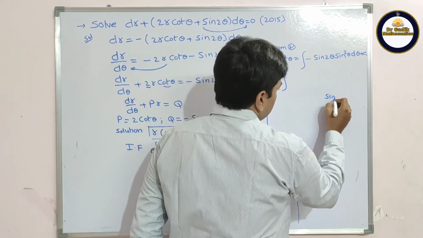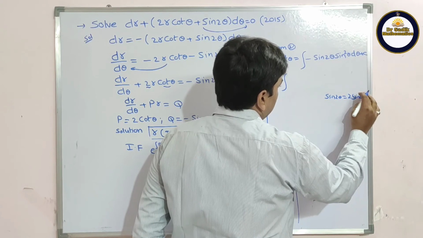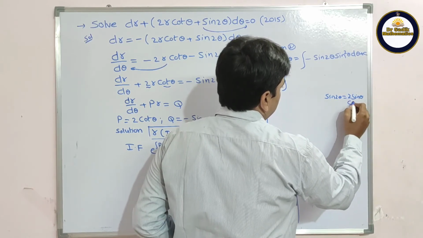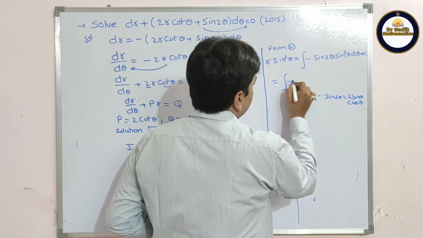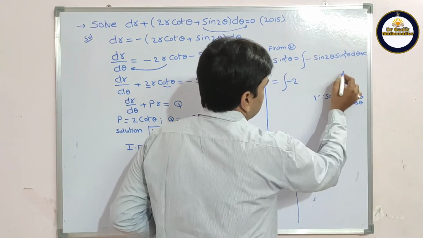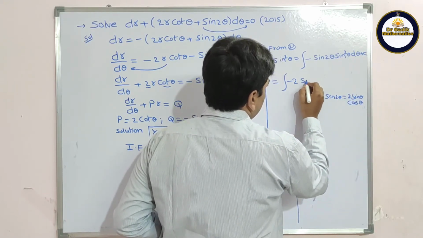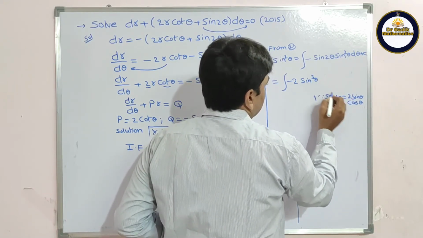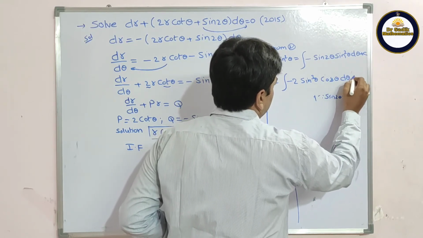Sin 2 theta is equal to 2 sin theta cos theta. So minus 2 into, see friends, we have sin square theta into sin theta, sin cube theta into cos theta into d theta plus c.